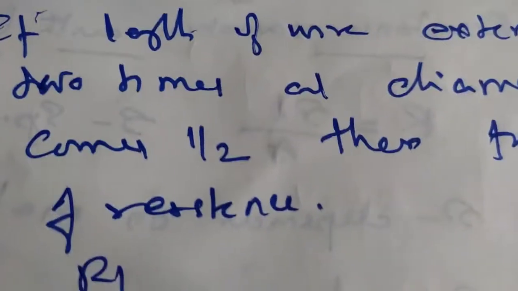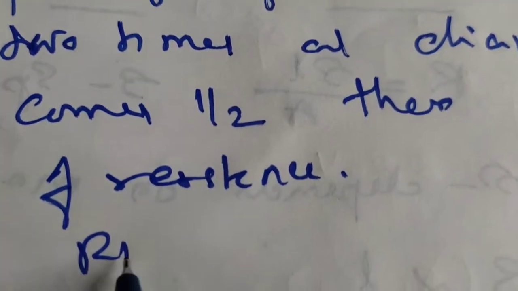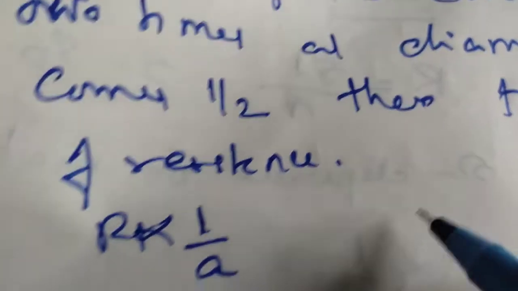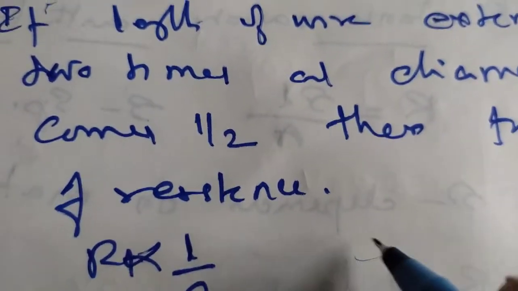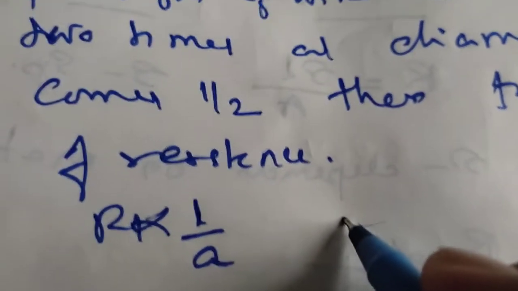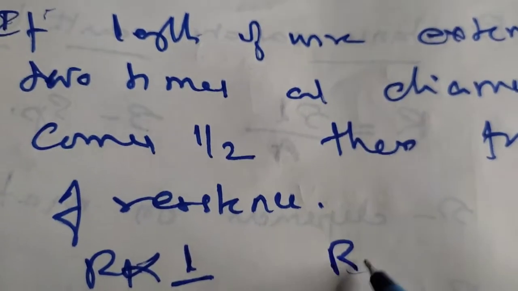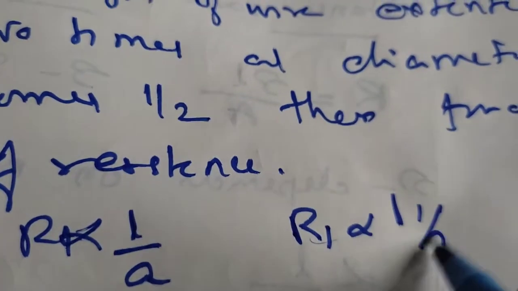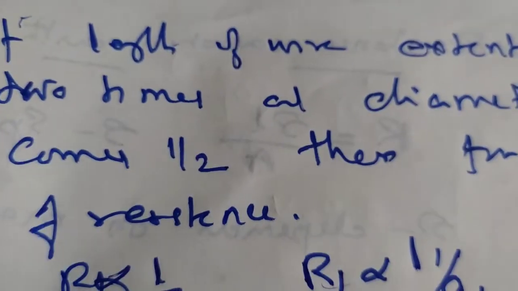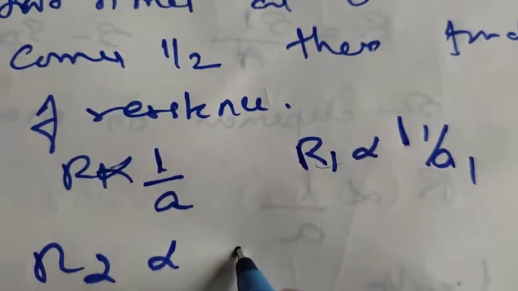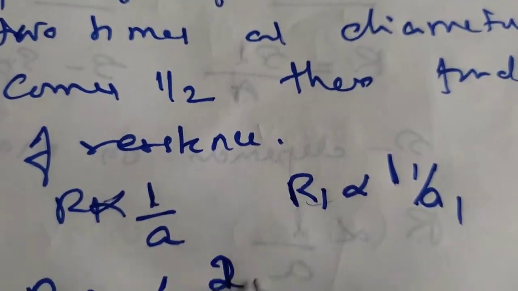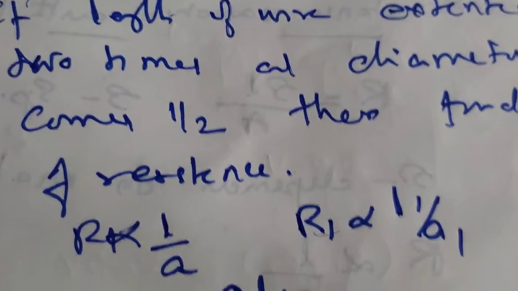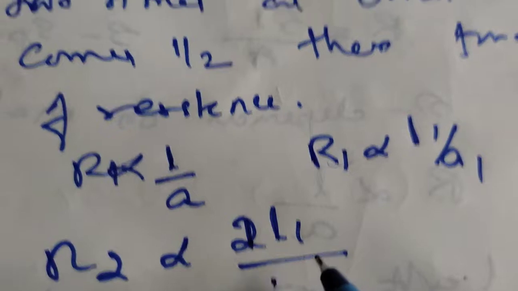So R1 by R2, we know R is proportional to L by A. This is my formula. So you can write R1 proportional to L1 by A1, and R2 proportional to L2, becoming 2L1, by the area. What is the area? We only know the diameter.